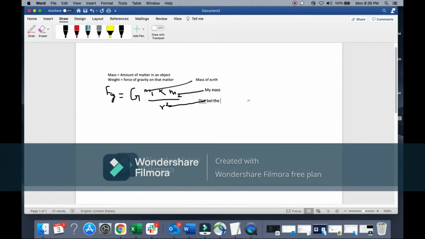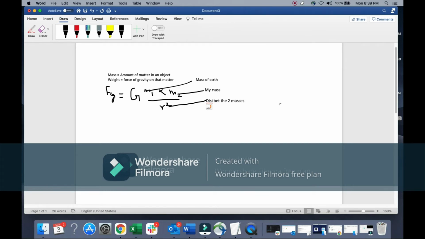Here r is the distance from the center of Earth to the surface, where I'm sitting.